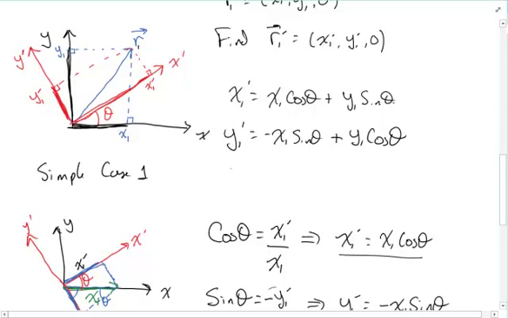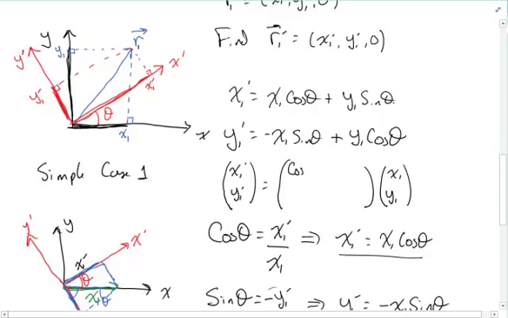So, if I want to find the vector x1 prime, y1 prime, in terms of the original vector x1 and y1, well, I can just go ahead and pull these terms out and write them in matrix form.